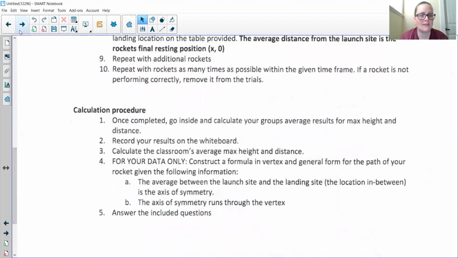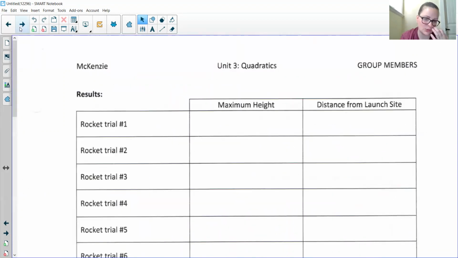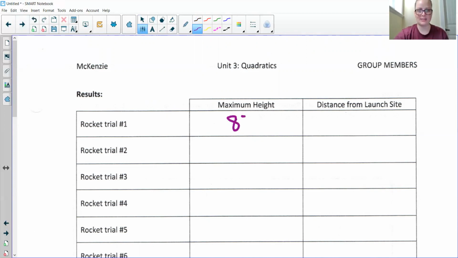What I wanted to cover today is just what it's going to actually look like. You're going to have certain values. I think 87 was my maximum height, and then the distance from the launch pad. So my rocket went up and down like this.